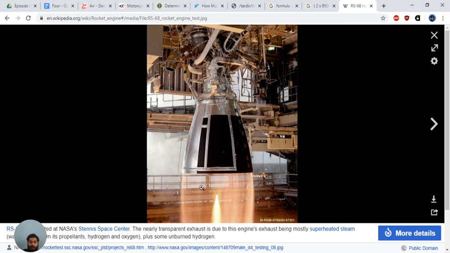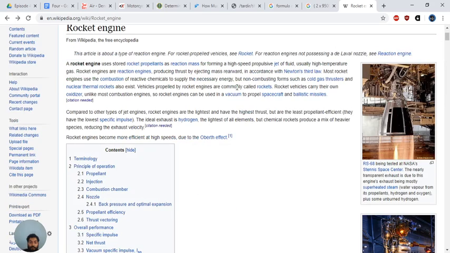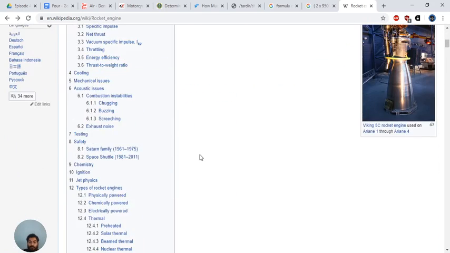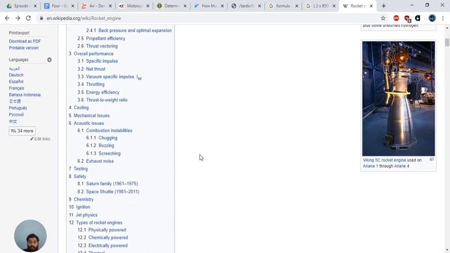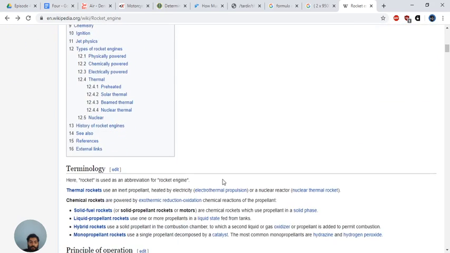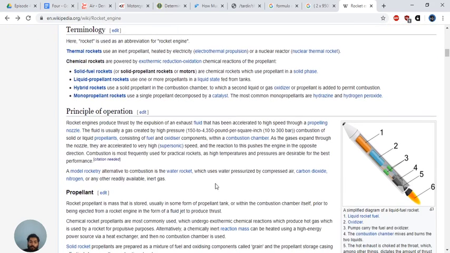Obviously we don't need as much thrust as you're seeing right now. We could use superheated steam, but then you'd have to store it and do all of that. This is the type of engine we might need to use. I don't think the whole technology has gotten that far.